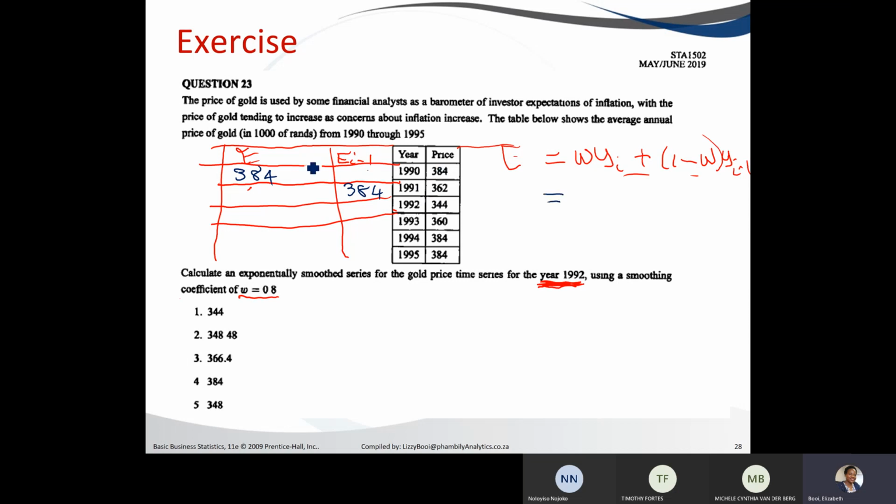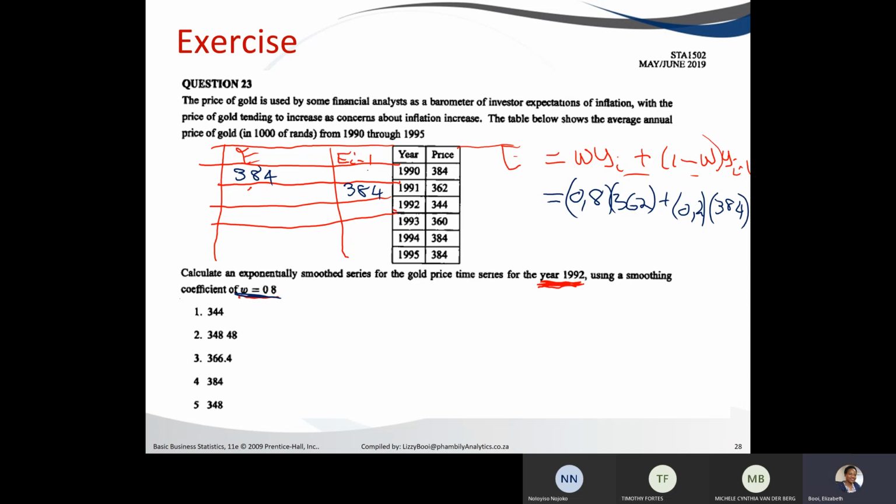So our weighting, they told us it's 0.8. So it's 0.8 times the current one, which is 362, plus 1 minus 0.8, which is 0.2, times 384.